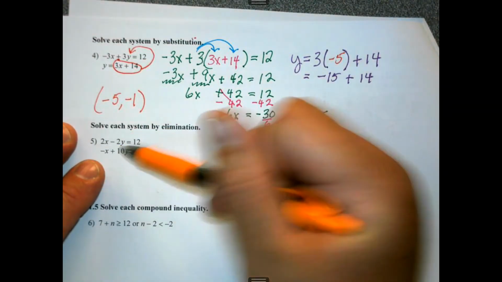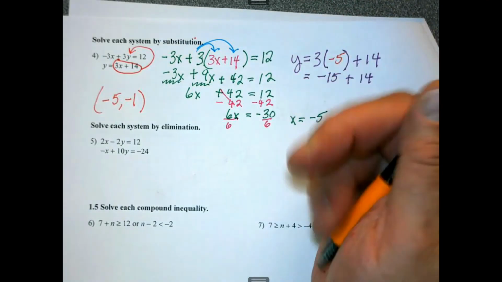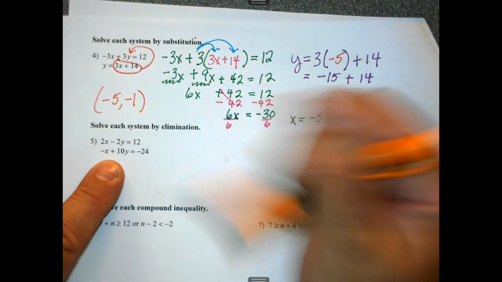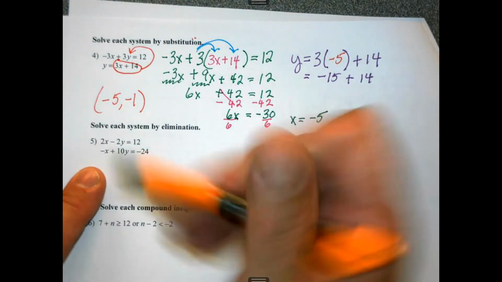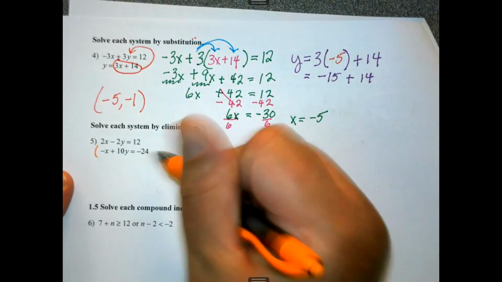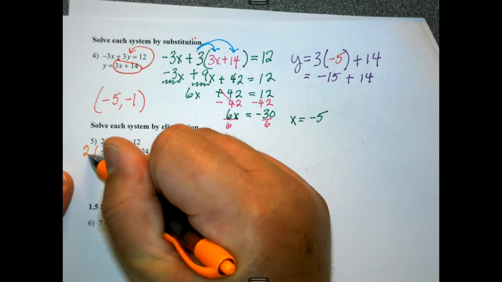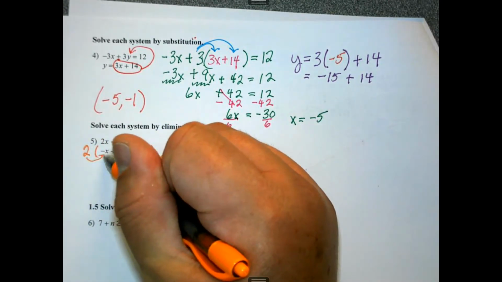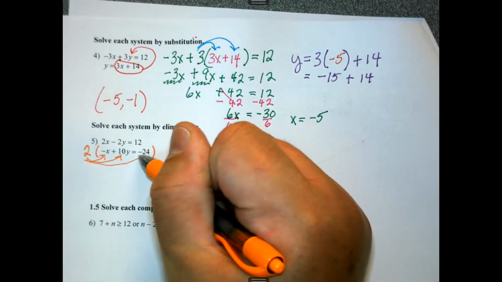I could just multiply the x by 2 and I'd get rid of it. Signs are different. In fact, it'd be positive 2. I could also get rid of the y's because 2 is a factor of 10. That would be easy too. Either one. I'm going to choose the bottom one and I'm going to multiply it by 2. Now I have to distribute that 2 to every term inside, even the one after the equal sign.